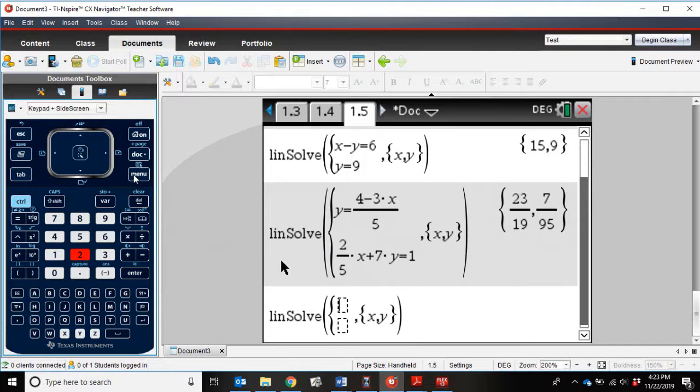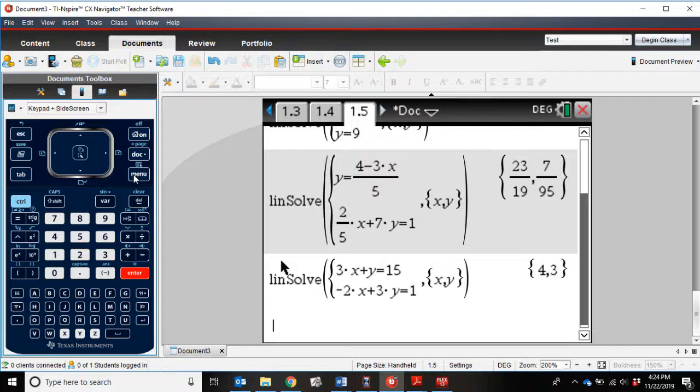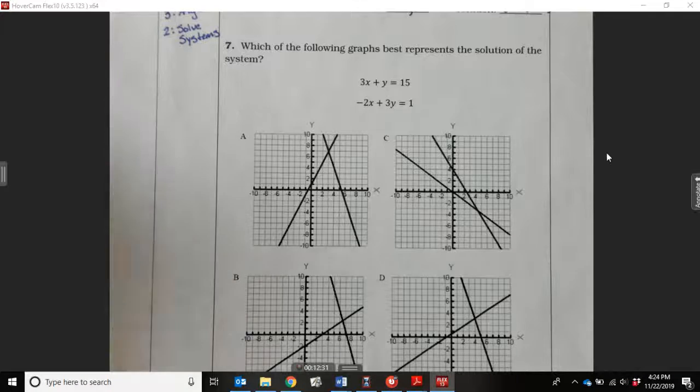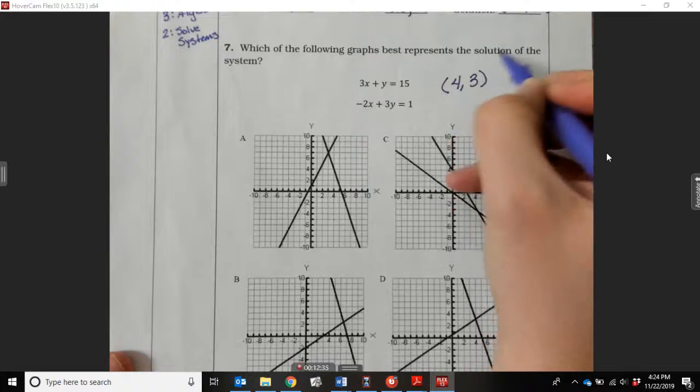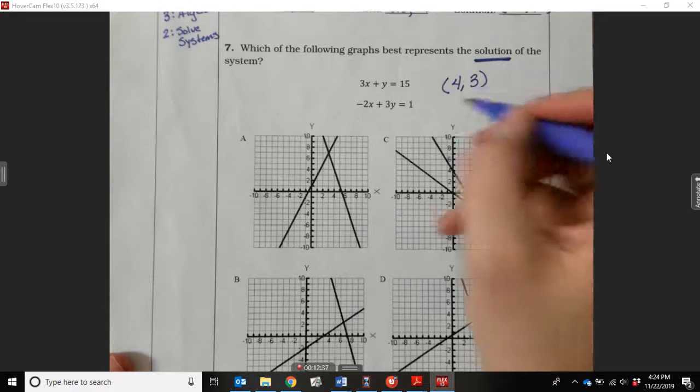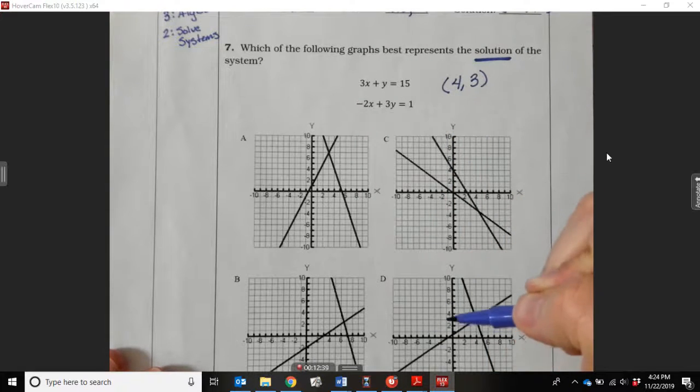I'm going to type my 2 equations, 3x plus y equals 15, and then negative 2x plus 3y equals 1. And I press enter, and I get the ordered pair 4, 3. I'm going to write that down. So my ordered pair here is 4, 3. That is the solution to this system.